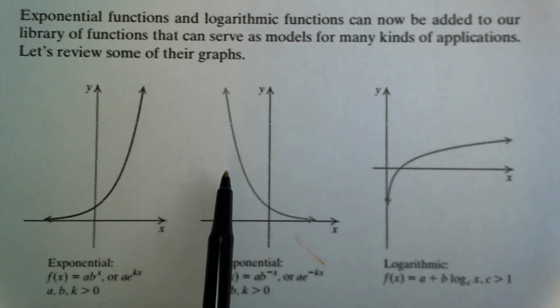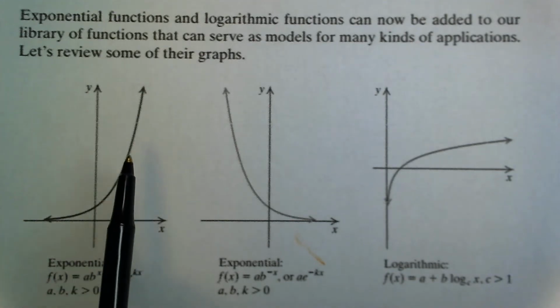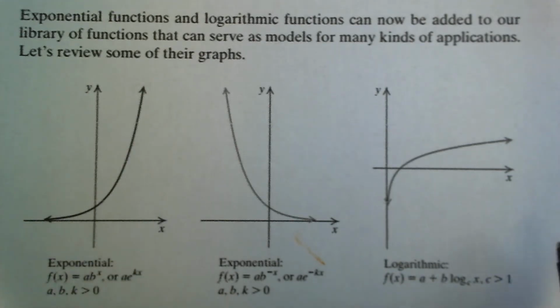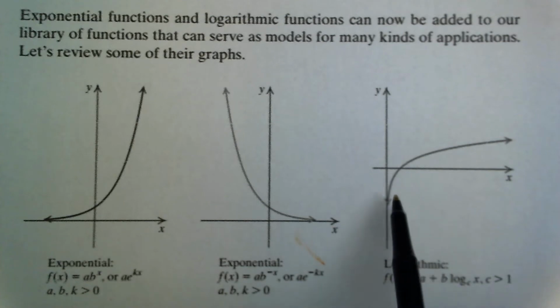For negative exponents, we have a decreasing exponential function, and when the exponent is positive, we have an increasing exponential function. The logarithmic function can be of the form a plus b times the log base c of x, with c greater than 1. These logarithmic functions look about the same, except they may be shifted left or right or up and down.